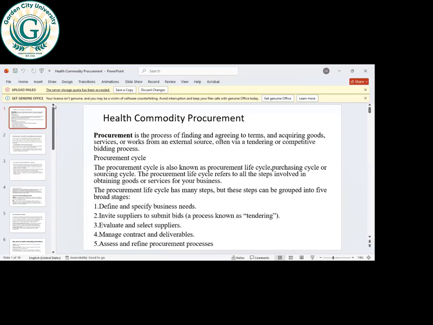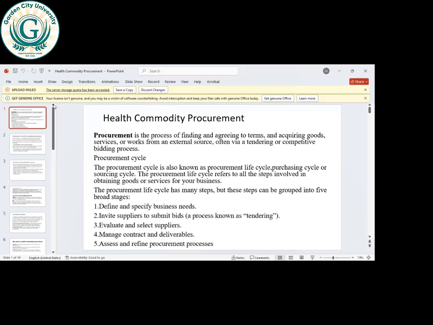The second stage is inviting suppliers to submit bids, a process known as tendering. So how do you invite suppliers? There are so many ways suppliers could be invited.